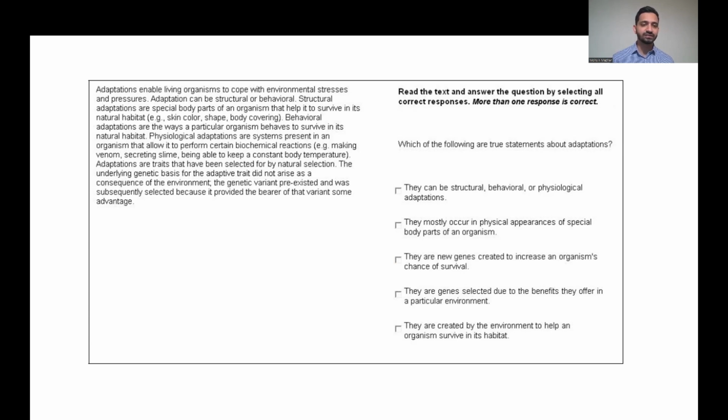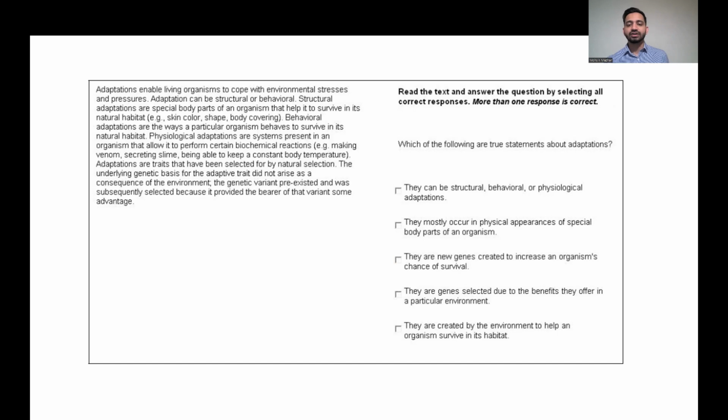The underlying genetic basis for an adaptive trait did not arise as a consequence of the environment. Okay, so it's not a consequence of the environment. The genetic variant pre-existed and was subsequently selected because it provided the bearer of that variant some advantage. So it does say that genes are selected due to the benefits they offer in a particular environment. It says that it gives us some advantage. So I think they are selected for that reason. I think option number 4 looks correct.